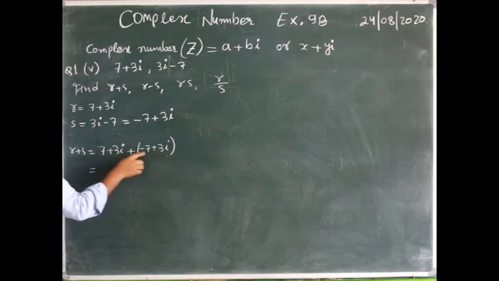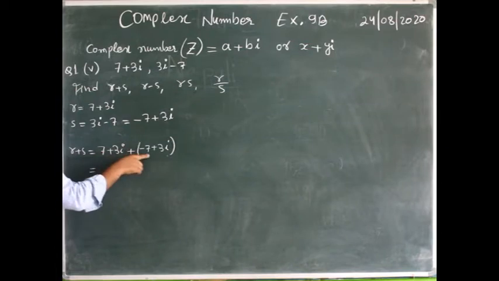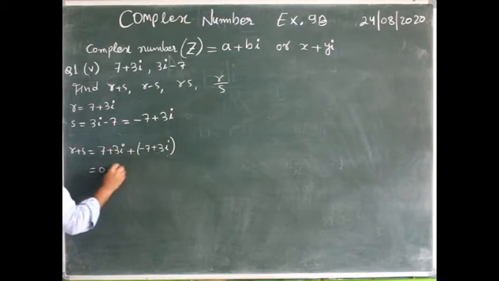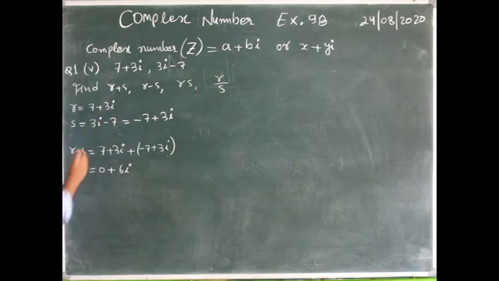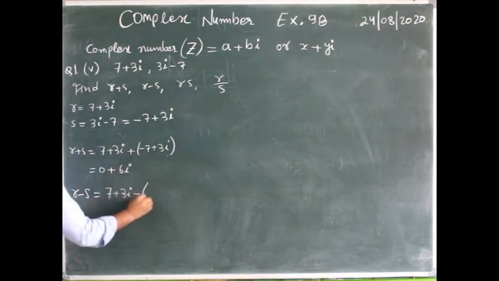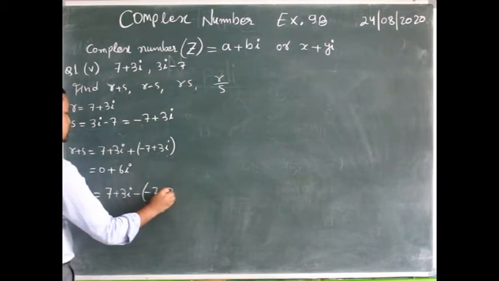Plus 7 and minus 7, their sum is 0. 0 plus 3i plus 3i is 6i. Similarly, r minus s equals 7 plus 3i minus minus 7 plus 3i.